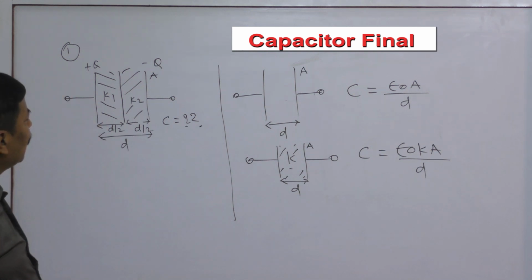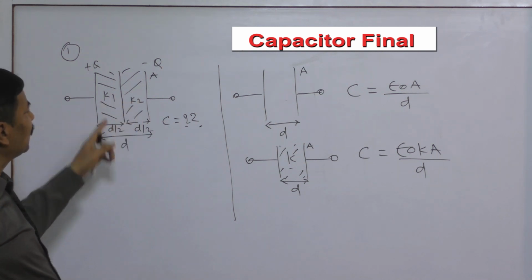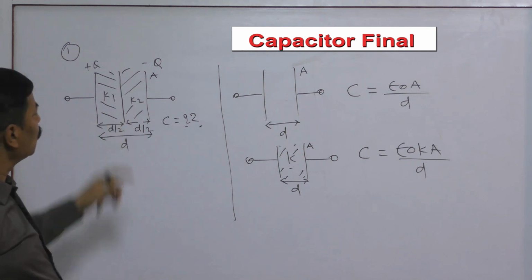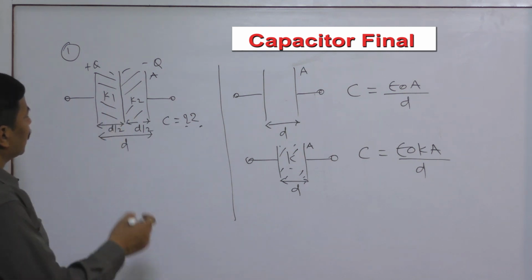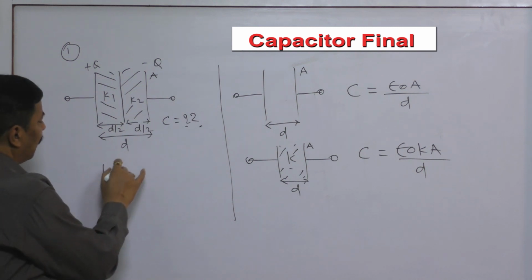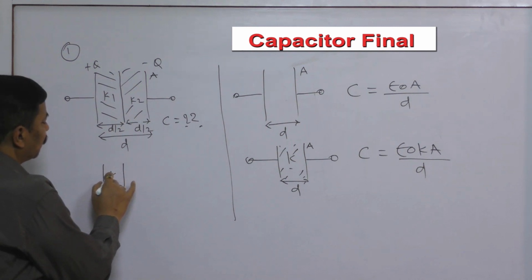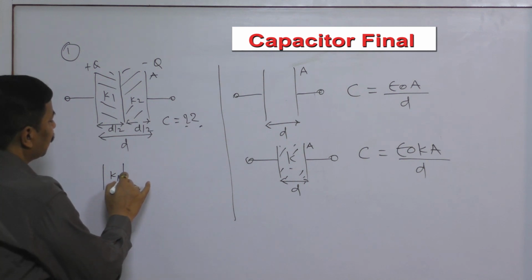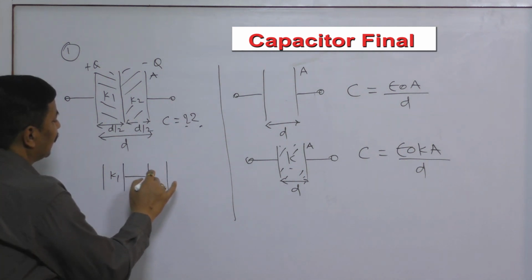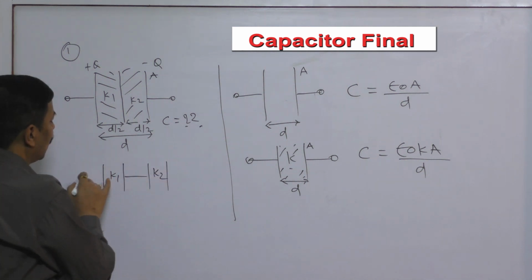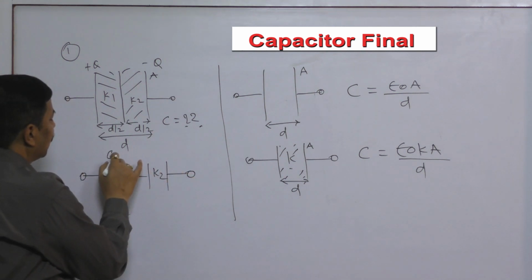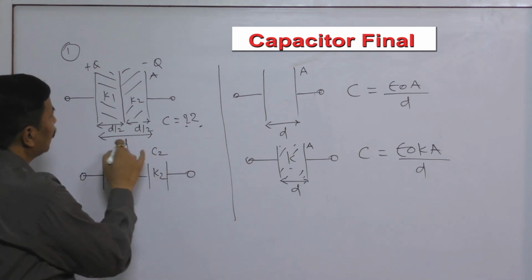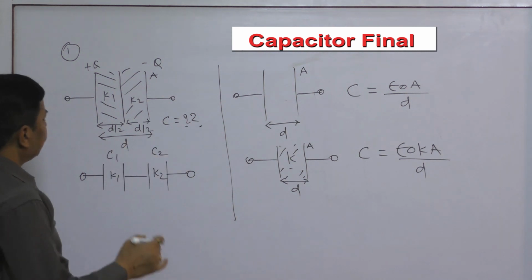Here you can understand very carefully that this capacitor is basically a combination of two capacitors. See, one capacitor is this with K1 dielectric, and one capacitor is this with K2 dielectric. This I am taking as C1, this I am taking as C2, two capacitors are there.